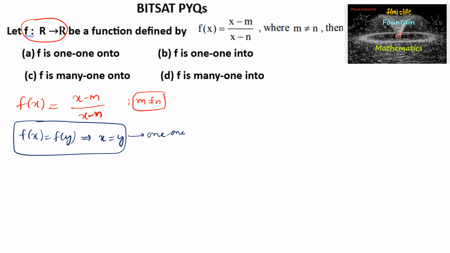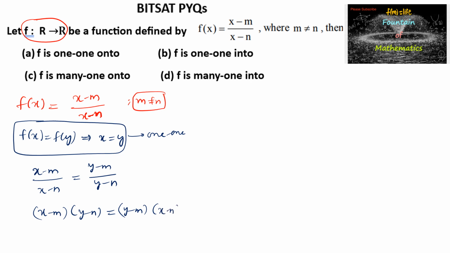So let us consider f of x, that is (x minus m) upon (x minus n), is equal to f of y, that is (y minus m) upon (y minus n). Cross multiplication: (x minus m) into (y minus n) is equal to (y minus m) into (x minus n).